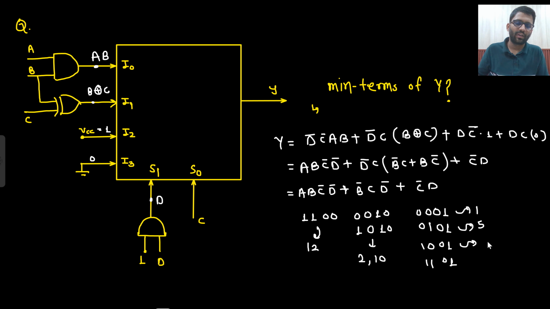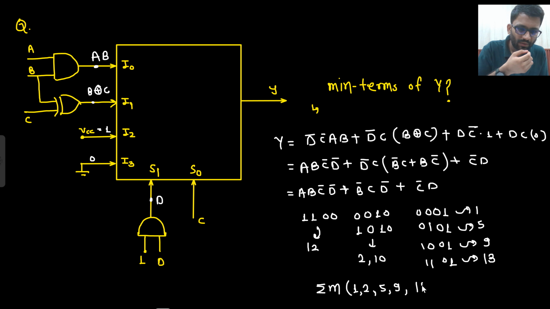This is 1 2 4 8 9, and this is 12 and 13, right? So what are all the minterms? 1 2 5 9 12, 5 9 10 12 13. So 4 here, 2 here, 6 7, 4 3 6 7.